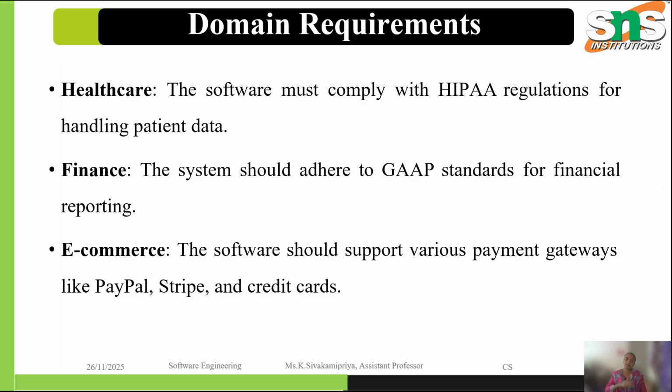That is called healthcare domain requirements. The next one is finance. The system should adhere to GAAP standards for financial reporting. The next one is e-commerce. It should support various payment gateways like Stripe and credit card. That is called domain requirements.